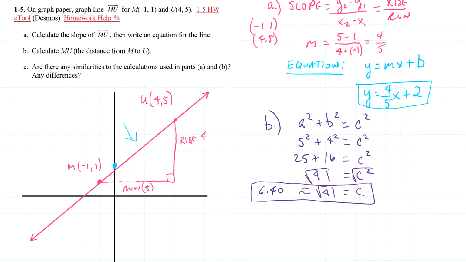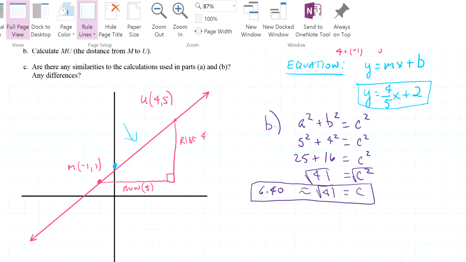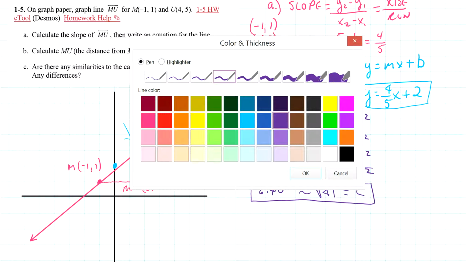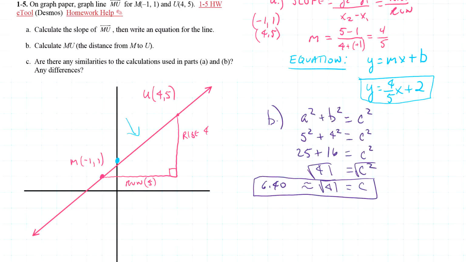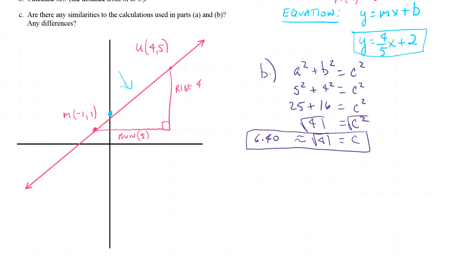All right, now in C it says, are there any similarities to the calculations used in parts A and B? Let me get a different color again. Let's try green. For this, they want similarities and differences. So the first thing I'm going to say is similarities. What's the same?